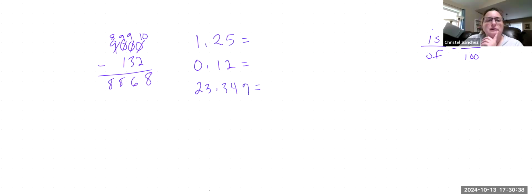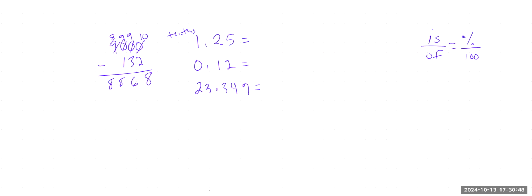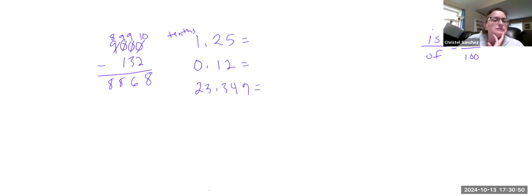On this first one, if we round it to the 10th place, what would our result be? 1.3. Okay, since this is my 10th place right here, and since this is 5 or above, we're going to go up 1, so 1.3.